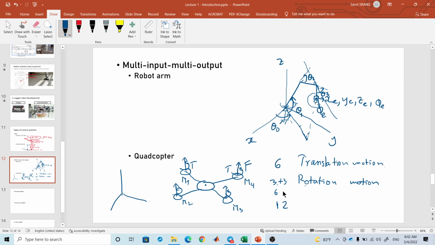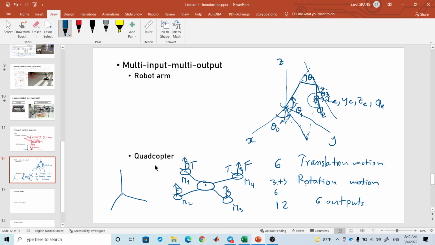You mean rotation. So you want 6 outputs, for example. You want 6 outputs. Okay. You want 6 outputs, and for the inputs that you can have for the system, only 4. How can I count it, 4?